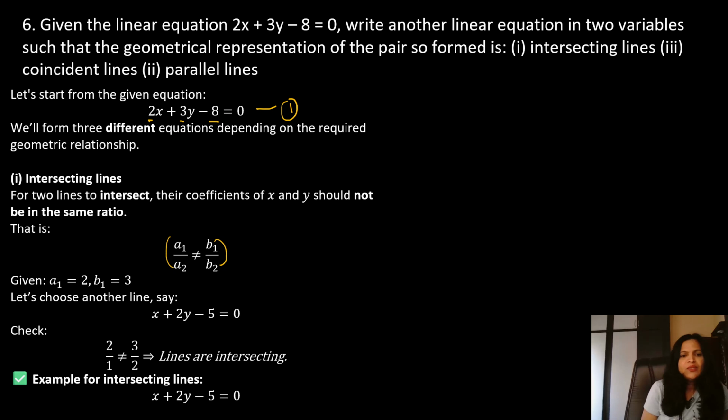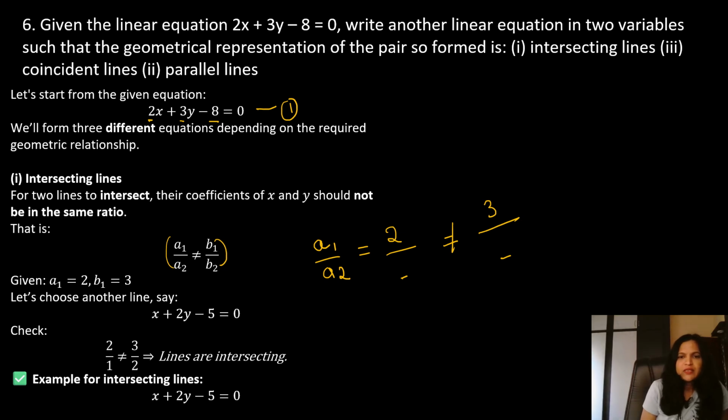I'll tell you a1 by a2. a1 is 2, a2 I don't know, I keep it. Then it should not be equal to b1 is 3 divided by some gap.